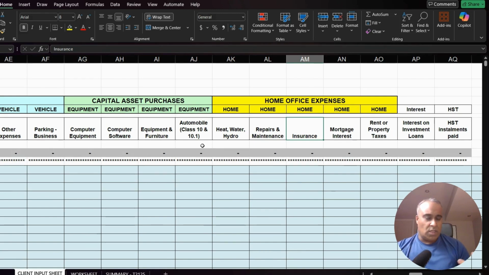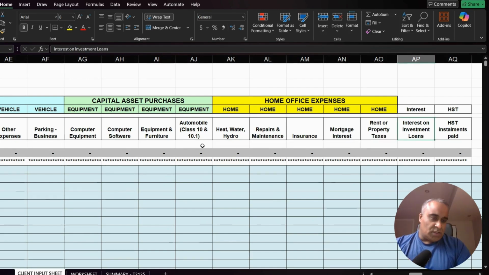Let's say you're booking clients, you're doing other administrative tasks, and you have like a principal business to go to. We can deduct some office expenses there. So again, you would put in the totals here, and then you'll see on the next tab we can prorate on the room or the square footage that you use for your home office.